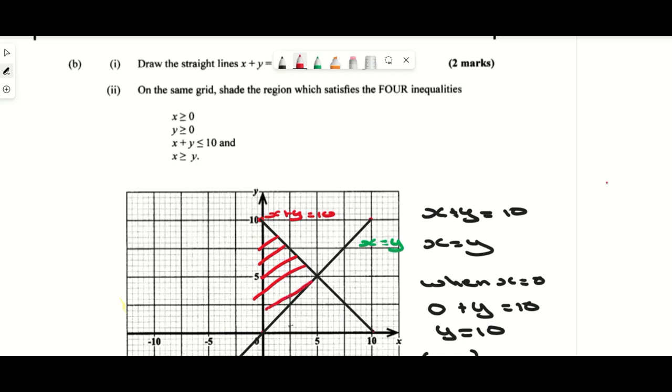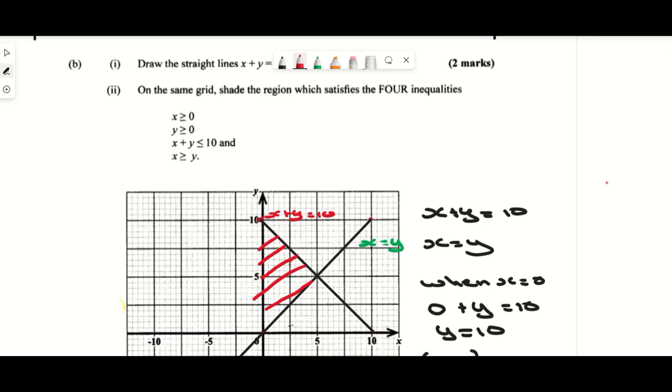Where x is more than or equal to 0, which is above here, so it's just this square that we're looking at. Then they said x plus y is less than or equal to 10, which is below this line here.